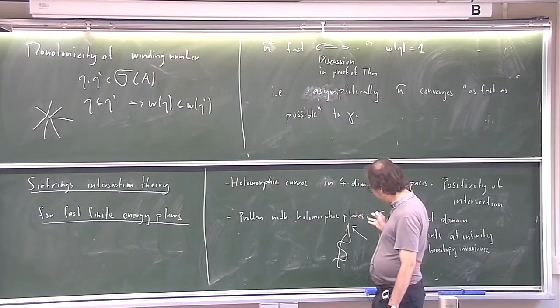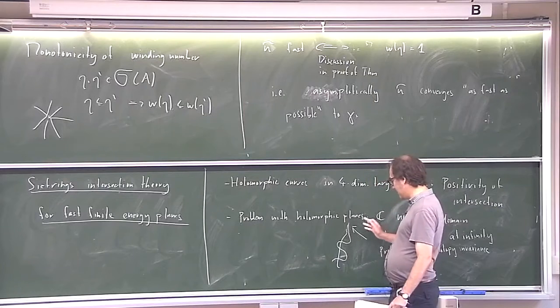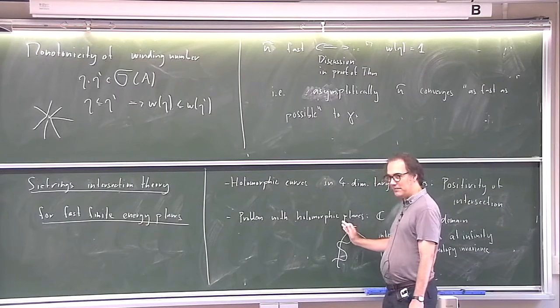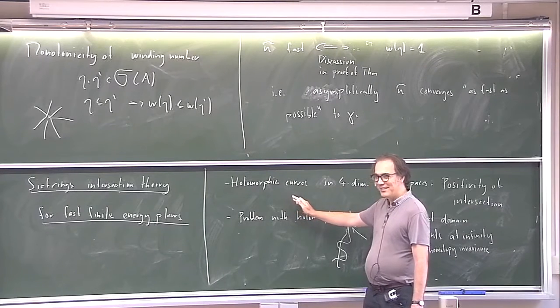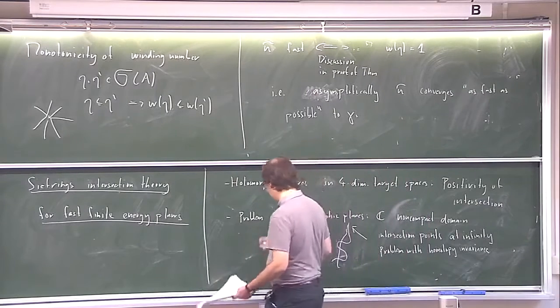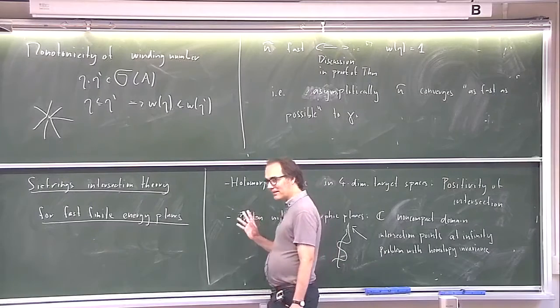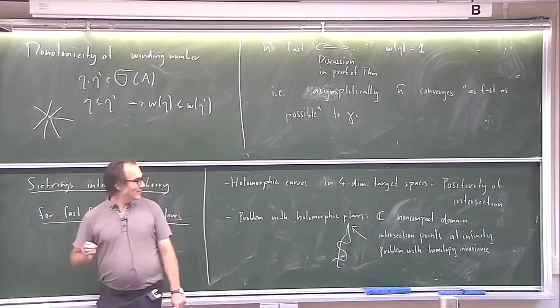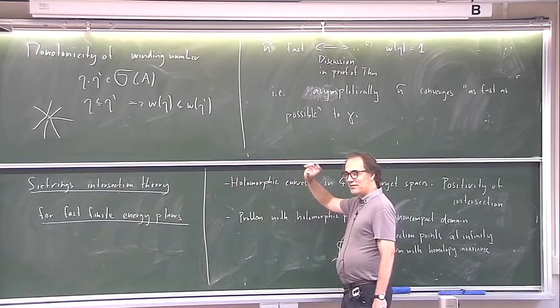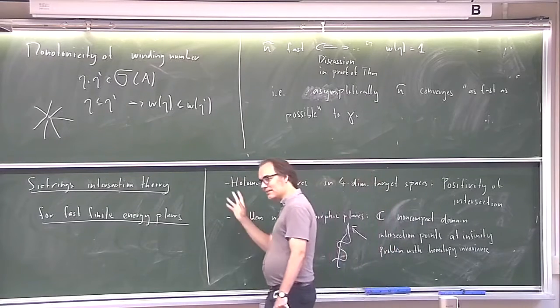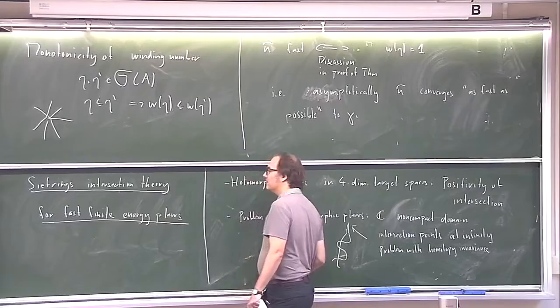What we have to discuss is how you perturb them but still keep positivity of intersection. That's a subtle theory, and it very much uses again these asymptotic eigenvalues, eigenvectors, so these asymptotic winding numbers.